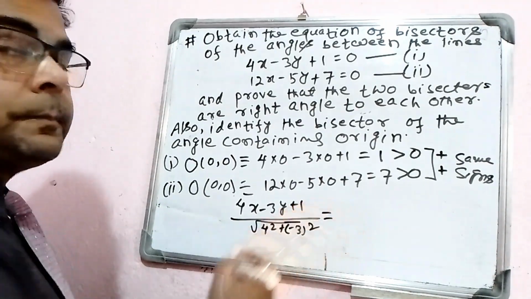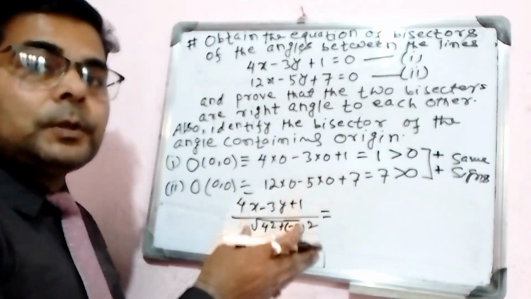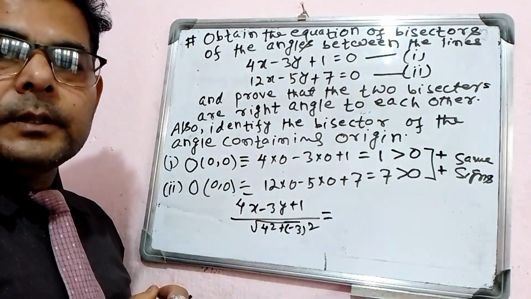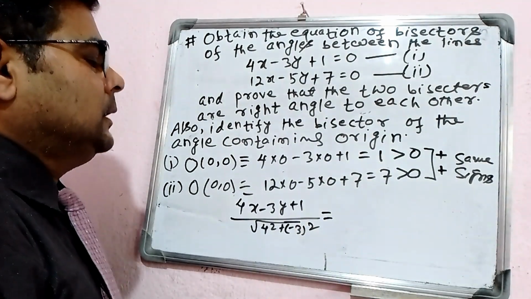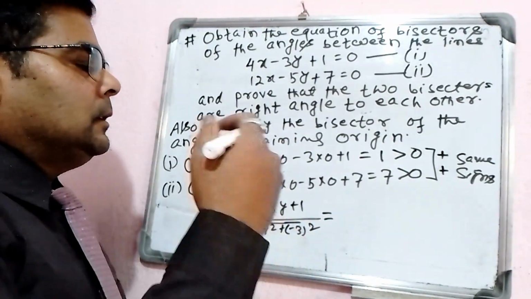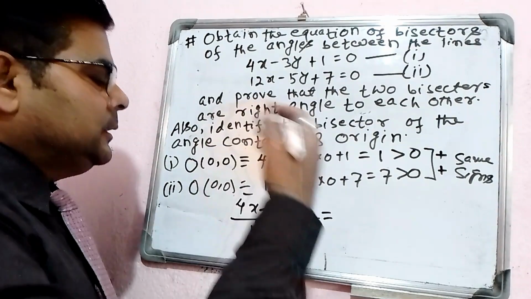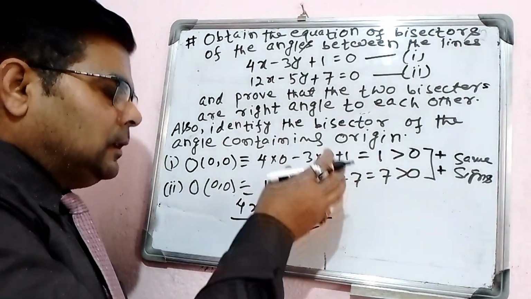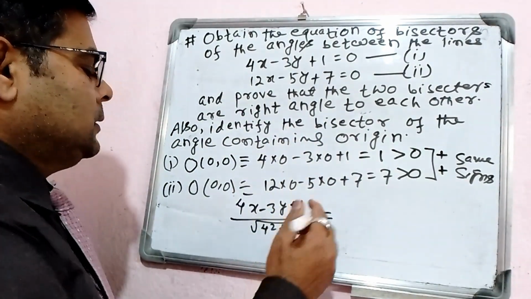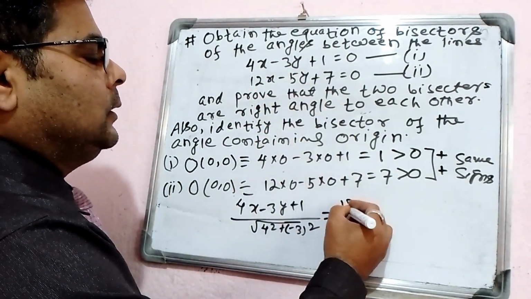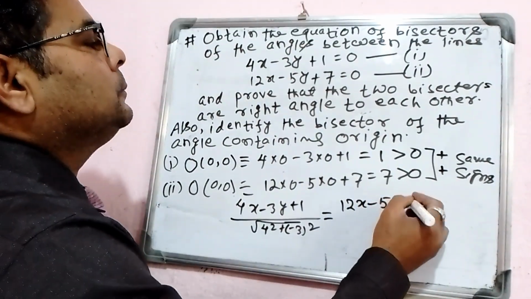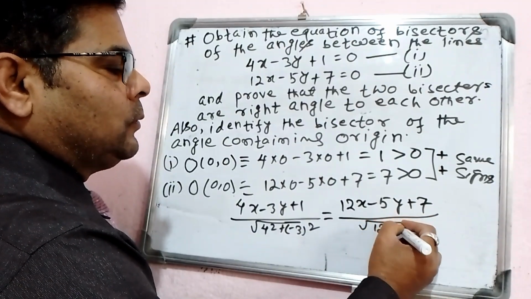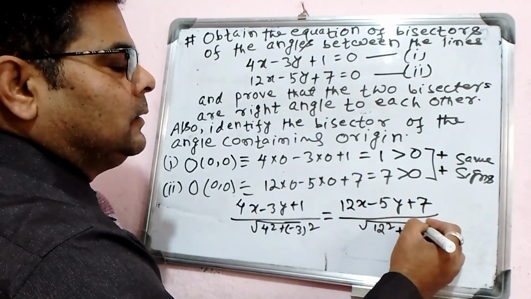We don't need to write plus or minus, we write plus on both sides, because we have already seen that they have generated the same sign, plus and plus. That means the origin lies in the region of the bisector that we find by taking the same sign, positive on both sides. On the other side we have 12x minus 5y plus 7 over the root of 12 squared plus minus 5 squared.